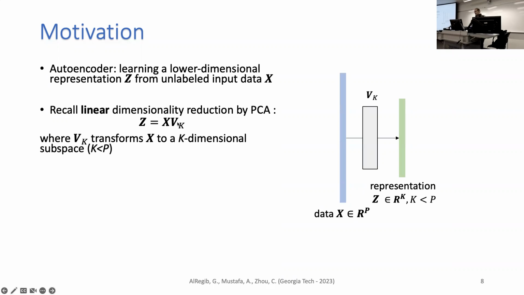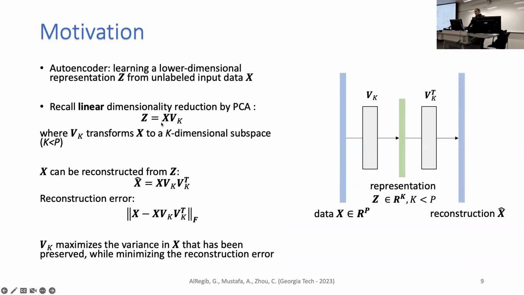That's PCA, right? And the idea here is we look at the main components that describe our data X. If that's the case, we can reconstruct X from our V and VK using this equation here, as we have seen in the second homework, I believe, or the first one. So we have X times VK transpose.